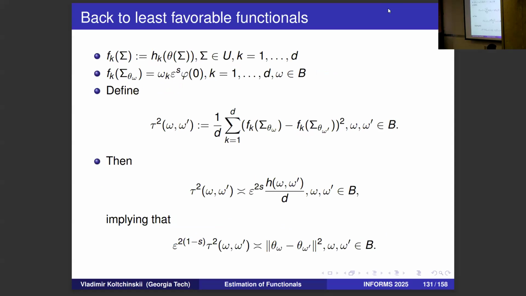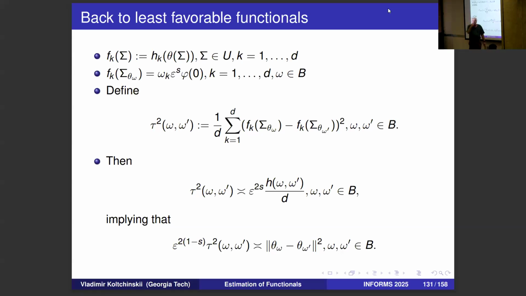Instead of looking at functionals on the vector space itself, on the Hilbert space, you can start applying this to covariances. We can create these functionals fk of sigma, which will be hk of theta of sigma.